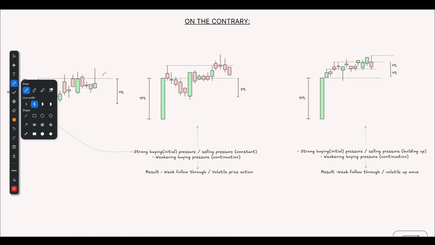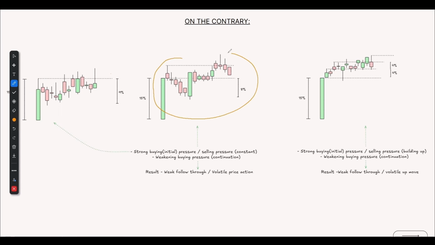Now this kind of contraction structure we should avoid when the price is just starting to change its character from LHS to RHS, right? When the price is changing its character from LHS to RHS, and when it is in its first base formation and it is forming a contraction structure or a basing structure like this, you should avoid it.